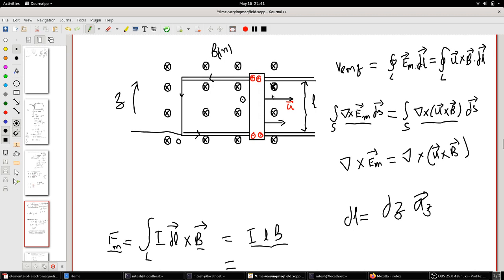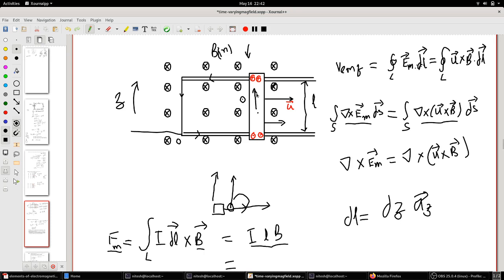So I move my fingers in this direction and then curl them in the direction of B. From the top view, this rod is moving in this direction u, and B is going in. So the direction of u cross B will be coming towards you, a dot, going up in this direction.